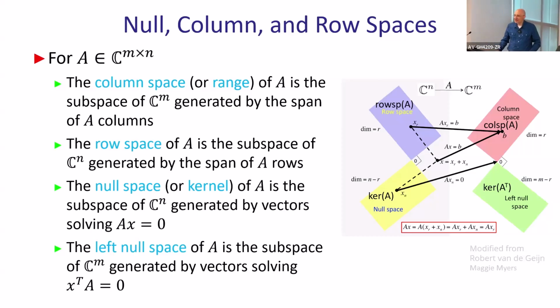Can you explain again why AX equals B will be in the column space of A? So here's how it goes.